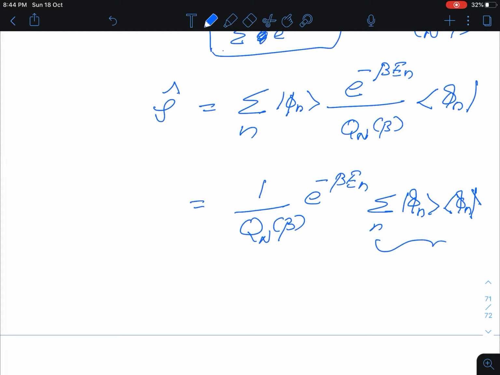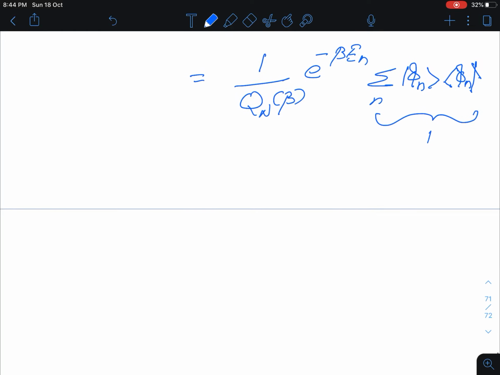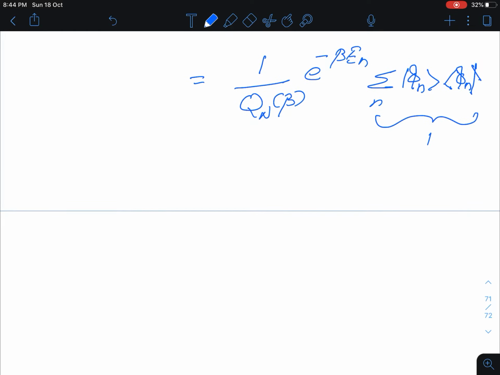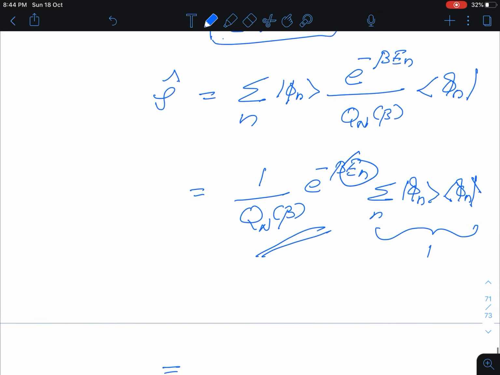What is this? Ket phi n bra phi n summation over all n, that would be 1. Clear? Now these are all in matrix form. Clear? So now, instead of the En, I should write what? I made a mistake.